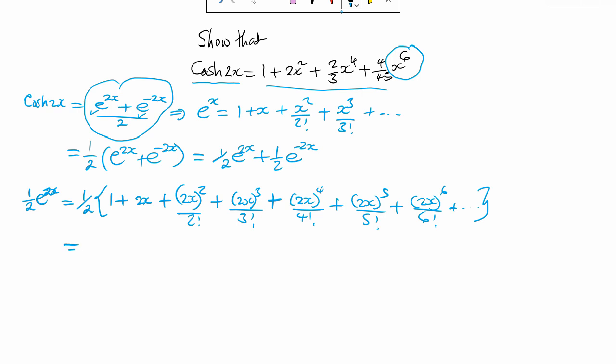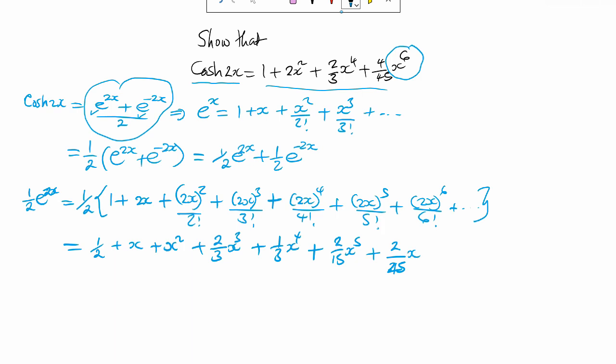So this simplifies to half times 1 is a half, half times 2x is x, half times 2x squared divided by factorial 2 simplifies to x squared, add 2/3 x raised to 3, plus a third x raised to 4, plus 2 over 15 x raised to 5, and plus 2 over 45 x raised to 6.